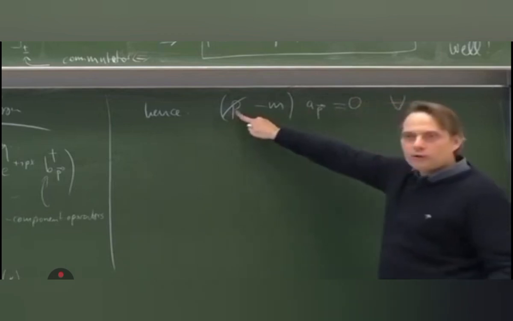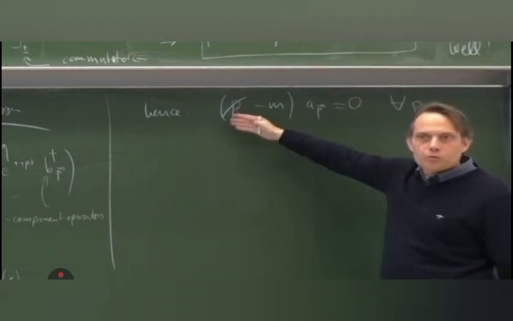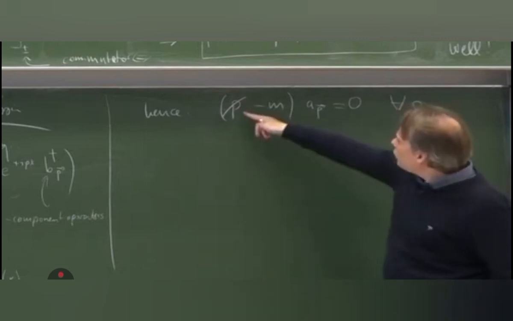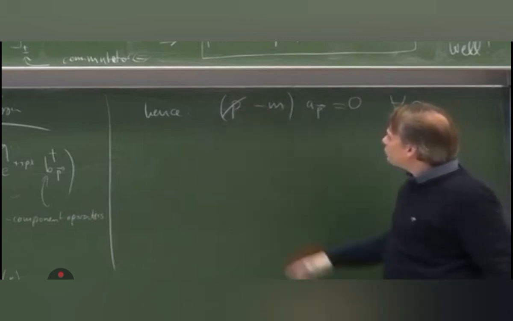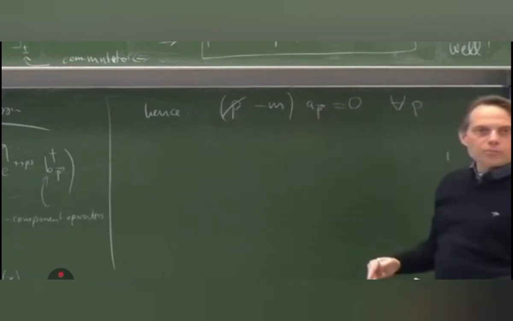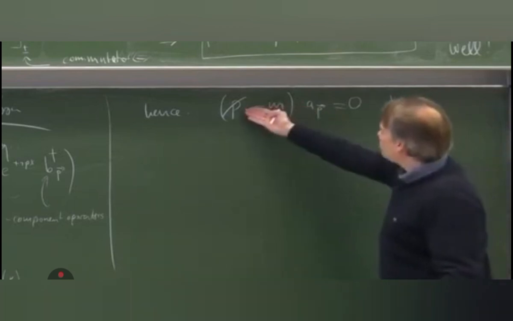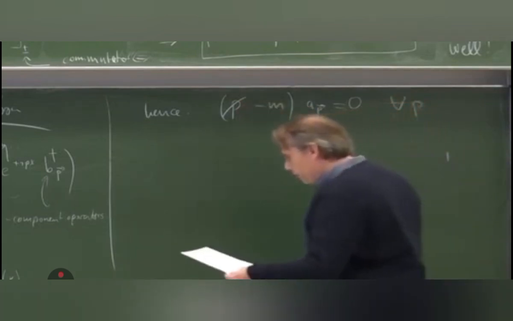We know that this matrix has 2 linearly independent eigenvectors with 0 eigenvalue. And therefore we know that the 4 operators must actually be linear combinations of 2 independent operators, which are proportional to those eigenspinors with eigenvalue 0.